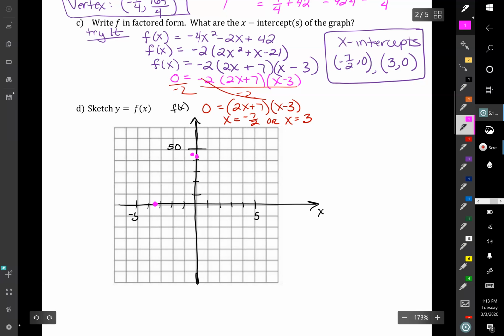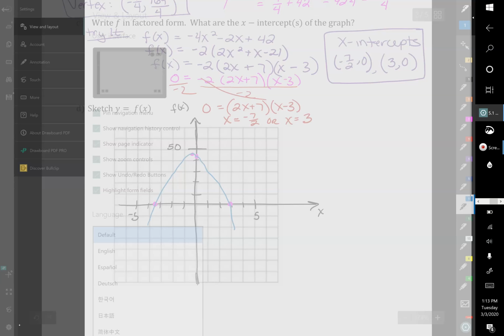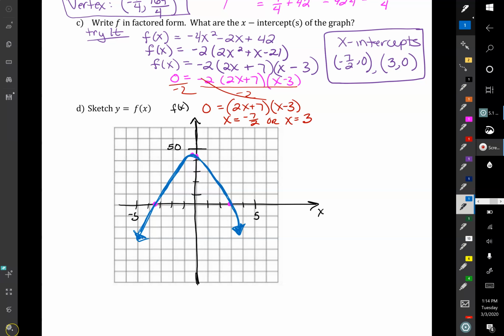And then I have my right side is 3, 0. And then I'm going to go ahead and make my parabola. It's not too good looking. Try again. Again, these don't have to be perfect. You don't want it to be a V though, and you want to try to have it symmetrical. Okay, so there's my beautiful graph.